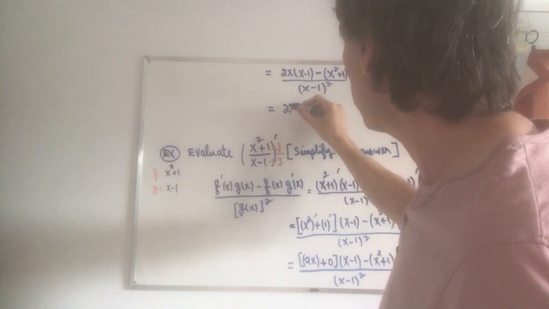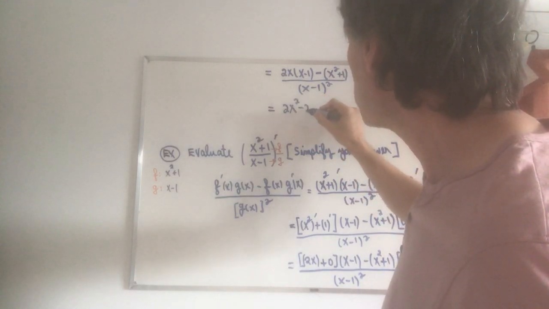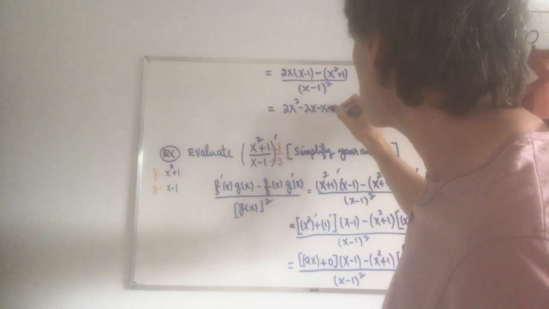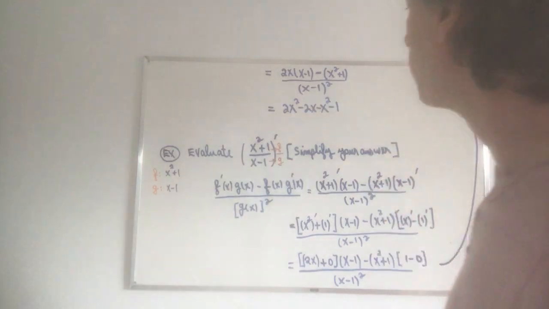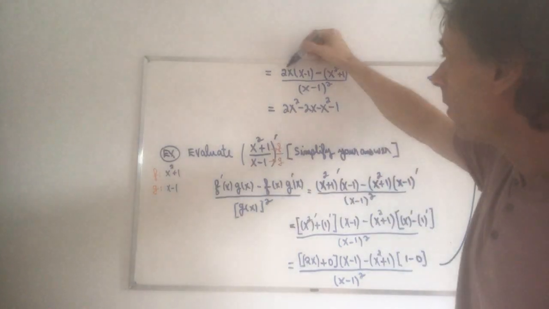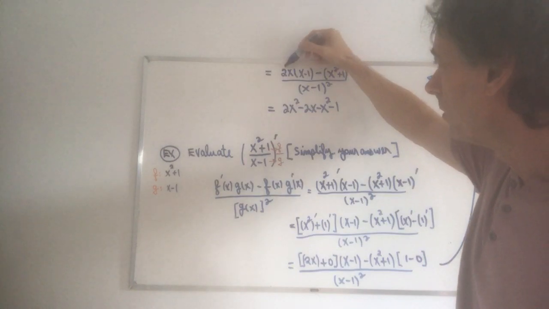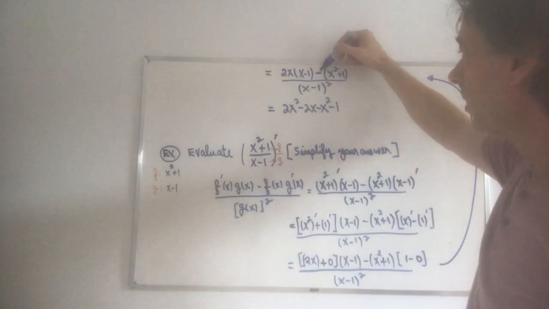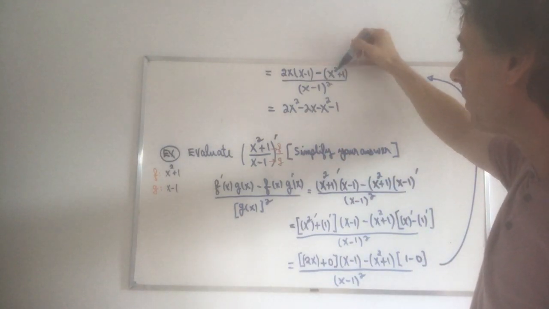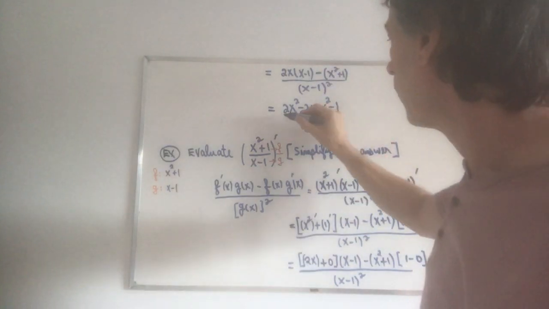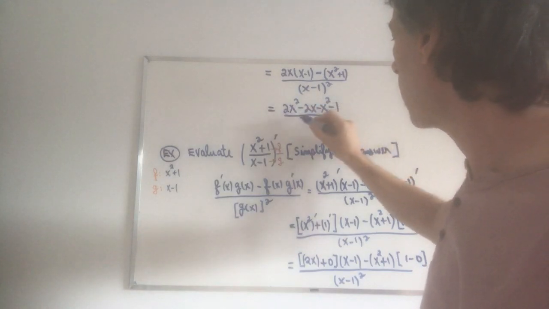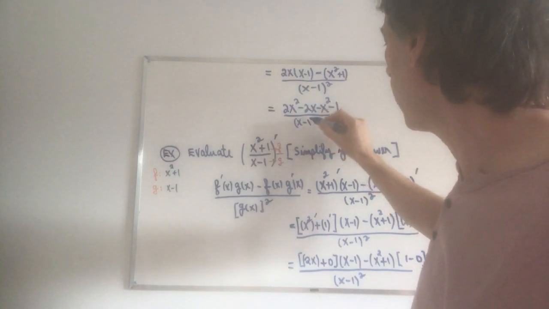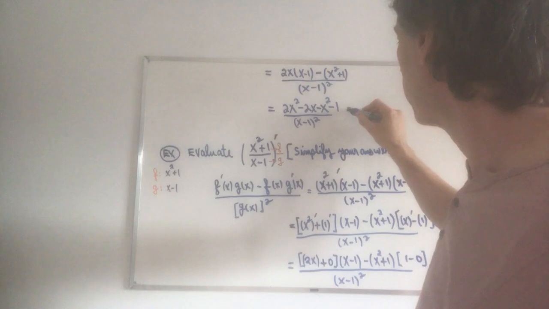This is going to be 2x squared, baby, minus 2x minus x squared minus 1. So what did I do? 2x times x, 2x squared. 2x times minus 1, minus 2x. Bring the minus in the bracket. Minus x squared, minus 1. That is the proper way to simplify this ugly thing.